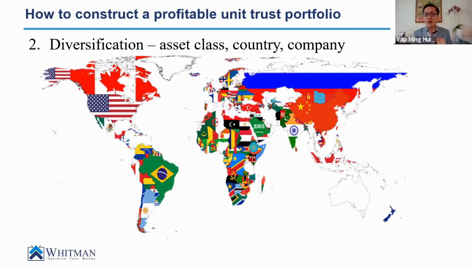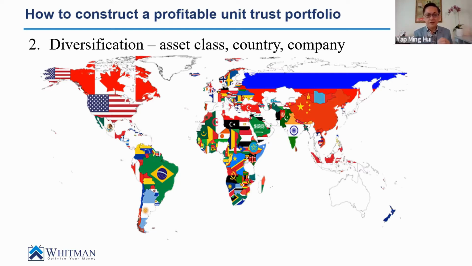If you can remember, just now I shared with you before that unit trust investment, especially in equity asset class, will always rise. Okay, but what I mentioned just now is the equity market of many countries.